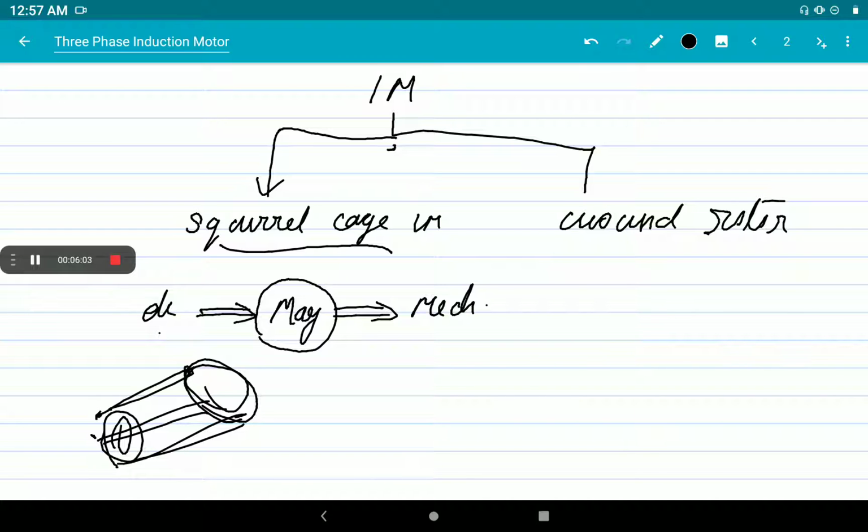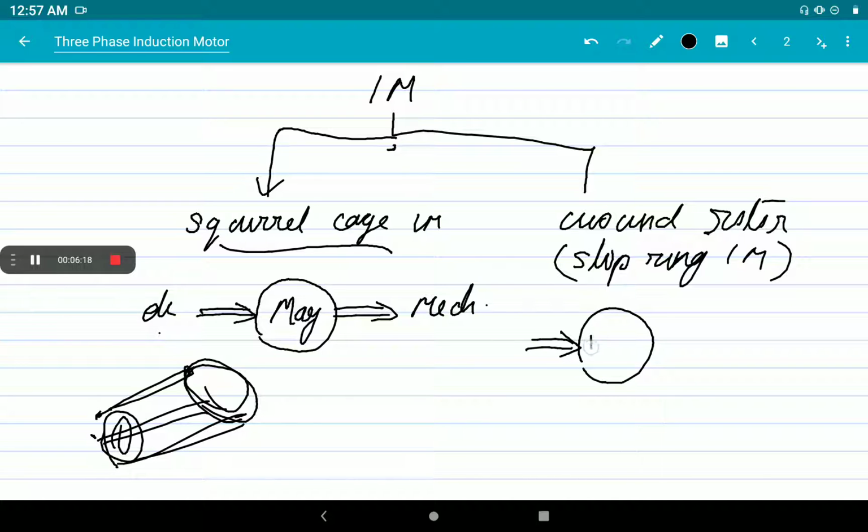But the wound rotor induction motor is also known as the slip ring induction motor. In it, electrical energy is given as input and goes through the magnetic domain, and the output is taken through slip rings and brushes.